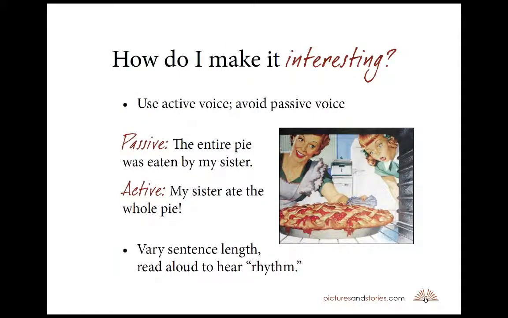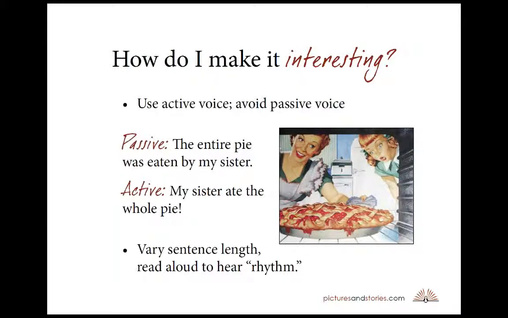Okay, just some other things to keep in mind as you are writing. One thing is to use active voice versus passive voice, and this is something, if you took any kind of writing in school, you probably had a professor that pounded this into your head. But it is something that a lot of people who haven't studied writing are not really aware that they do. Here's just a quick example.